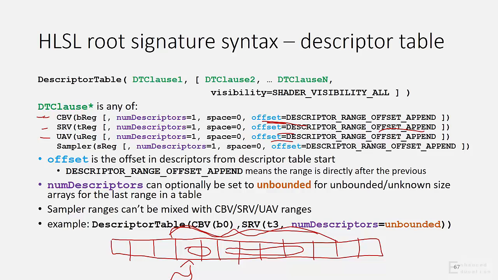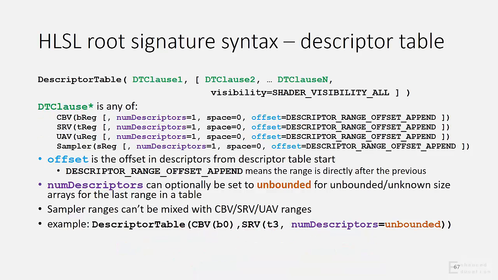So for example, multiple ranges of UAVs could both be defined at offset 0, and that would mean that the HLSL bind slots for each range receive their binding from the same location in the descriptor heap.